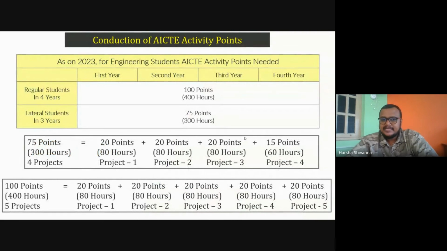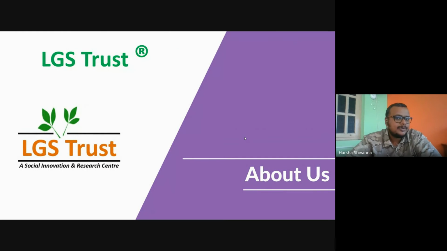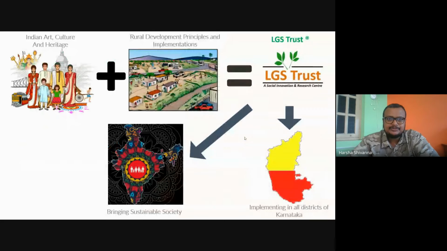Now, as I mentioned here, a student can earn the activity points via an NGO, and we are one such NGO providing the activity point implementation. Here I'm giving some details about the LGS Trust.